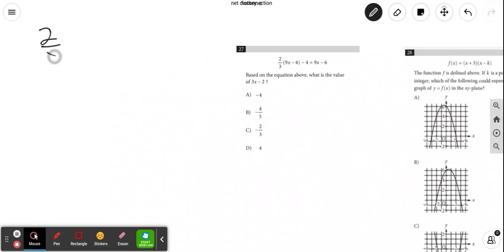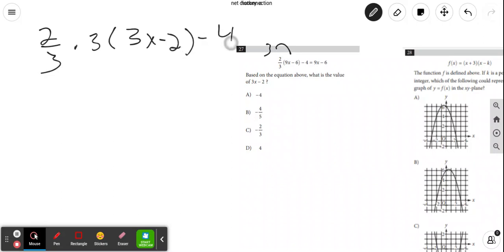You have 2/3, right? Why not factor out a 3 from each of these and then make this equal to 3x minus 2. So you get 2/3 times 3 times (3x minus 2) minus 4 equals 3 times (3x minus 2).